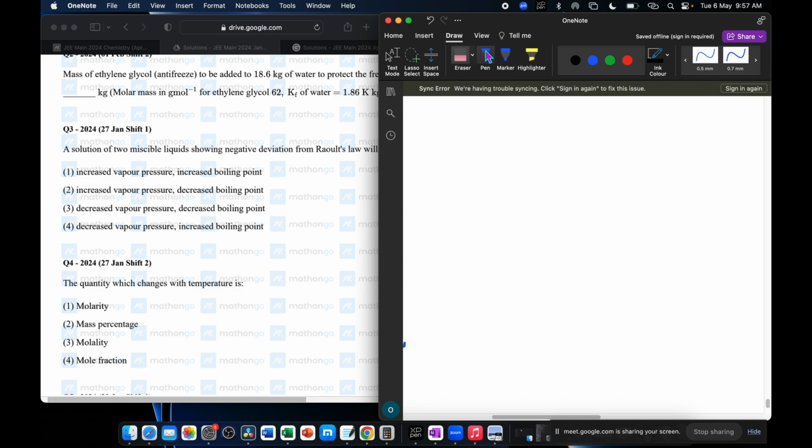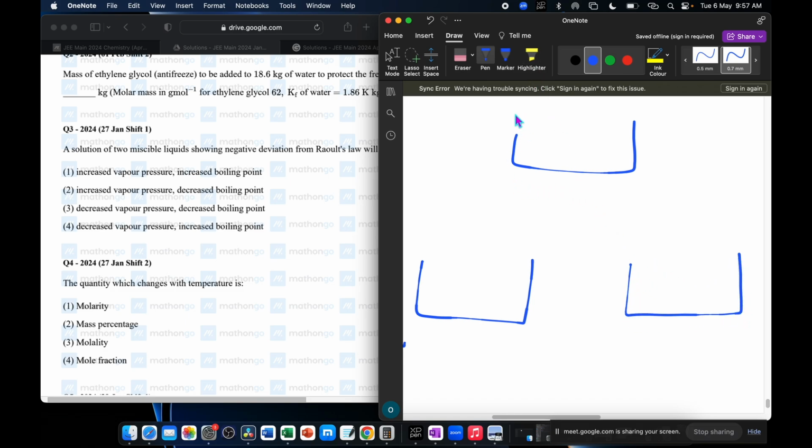Right, so here I have two solutions. So this is the ideal solution, these two are non-ideal solutions, right? So consider this as the ideal solution. Ideal solution vapor pressure is, let's say, 0.8 atm. Okay, this is another solution which is non-ideal.